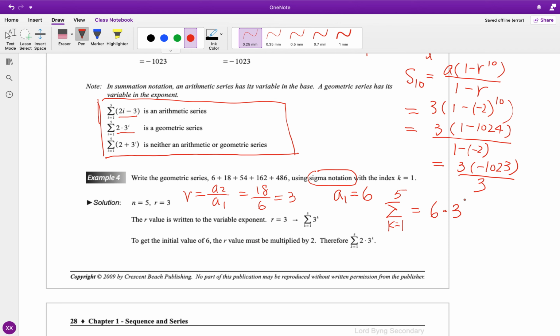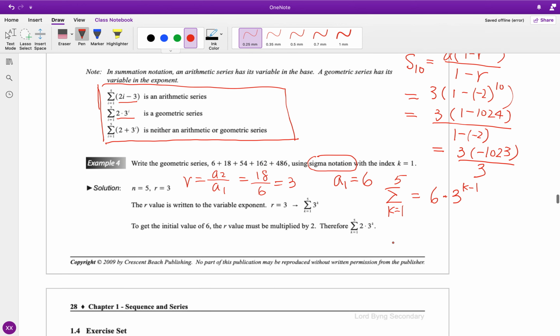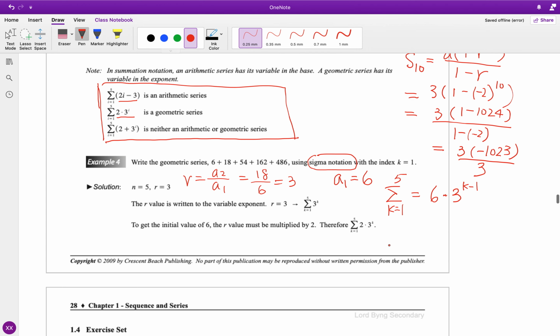So that means k minus 1. Right? So that is my an. So then if you test this, when k equals 1, then that's 3 to the 0, which is 1, and the first term is 6.